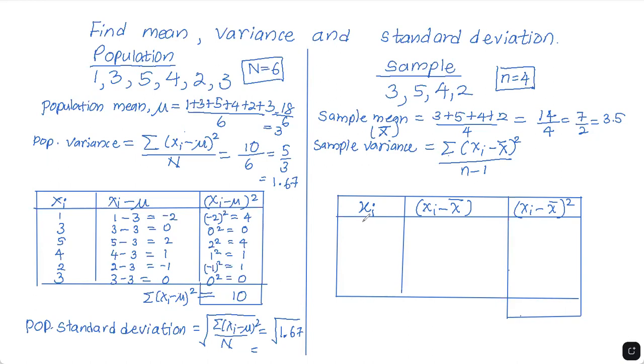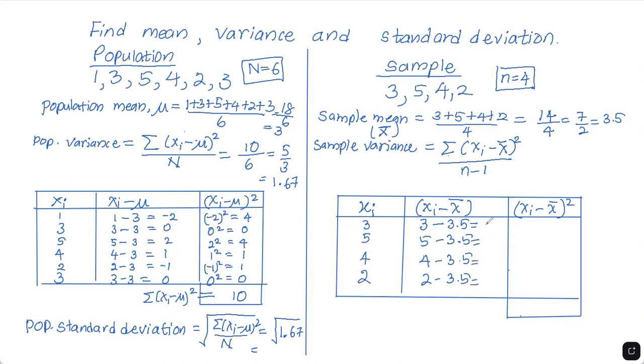So xi is the data values, which is 3, 5, 4, and 2. Then take the difference, xi minus x bar, where x bar is the sample mean. So my data value 3 minus x bar, which is 3.5, and then 5 minus 3.5, 4 minus 3.5, 2 minus 3.5. So these are the differences. Now we have to square these differences.